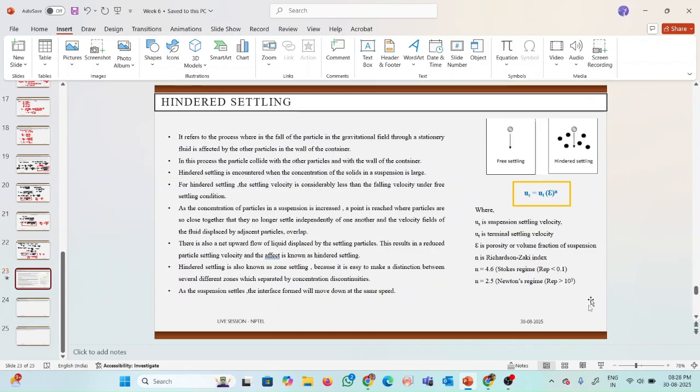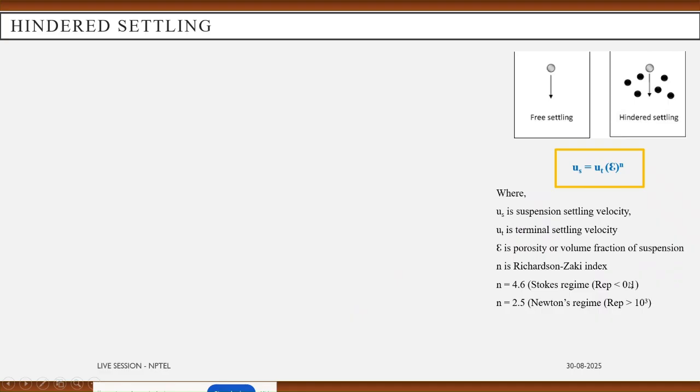So next, we are moving to our last topic of this session. That one is hindered settling. As of now we were talking about free settling, and hindered settling is when there are so many particles, or the particle concentration is very large, so we have to consider the particle interaction and particle-wall interaction as well.